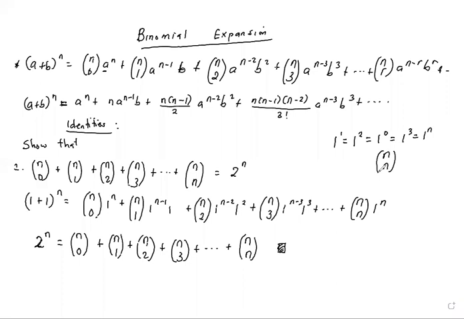So if the choice of A and B makes sense, if you choose 1 and 1 for A and B, when you add them, you get 2 to the power n. Then go into the binomial theorem: where there is A, take 1, where there is B, take 1. Place the powers in the same way they are placed in the formula. When you evaluate, you remain with just the coefficients, as it is here.